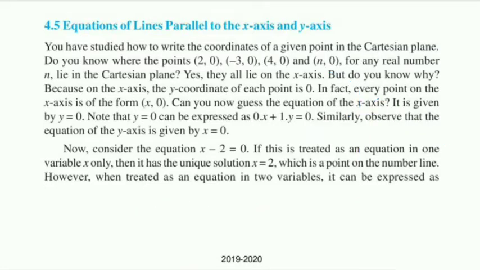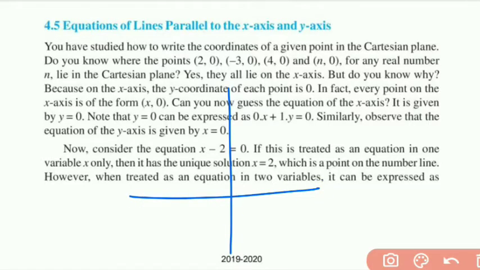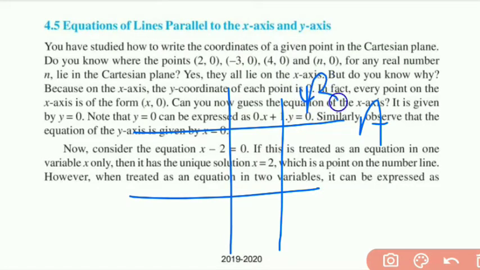This is our axes. So whatever line we draw, suppose this line A is parallel to the x-axis, and if we draw this line B, it is parallel to the y-axis. This thing we are going to learn here.